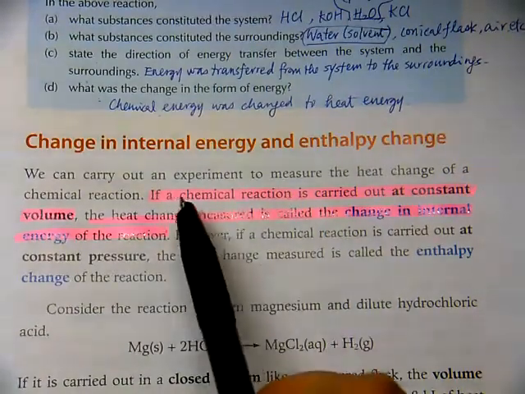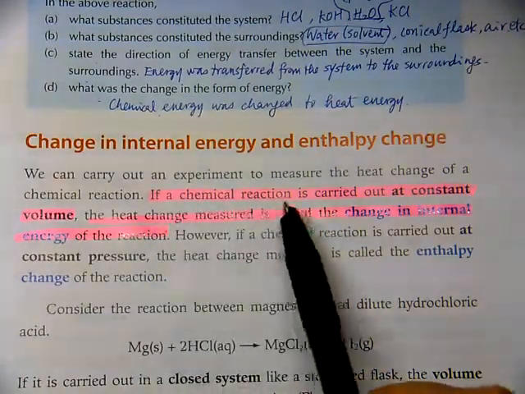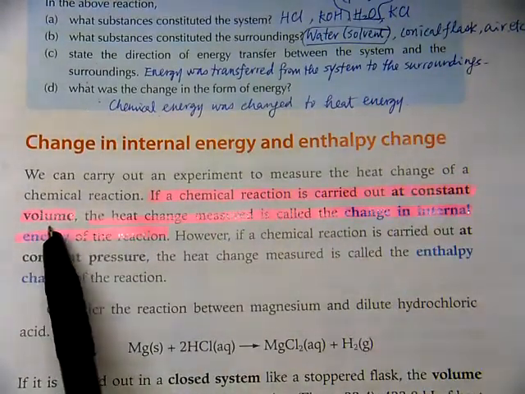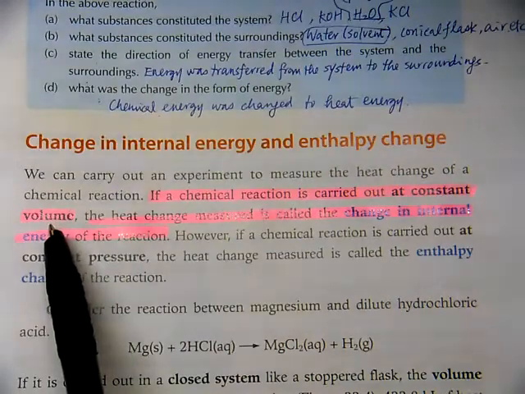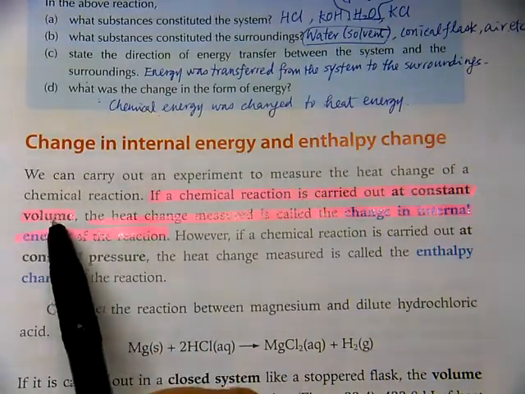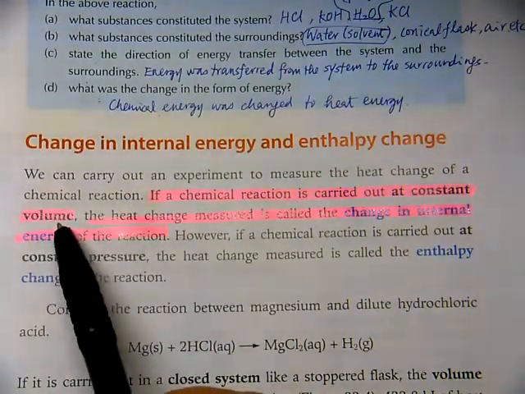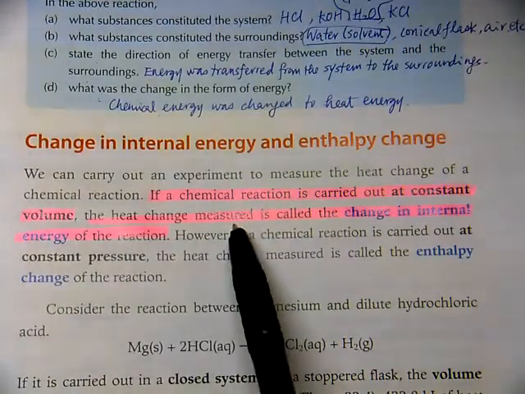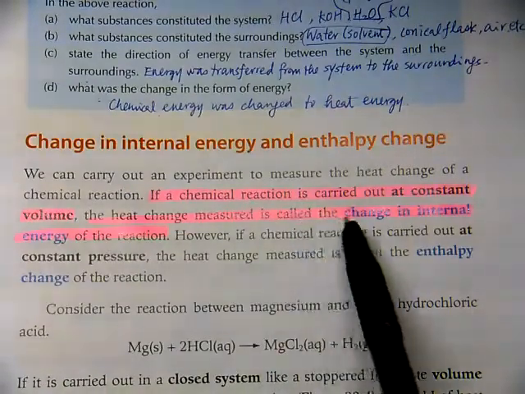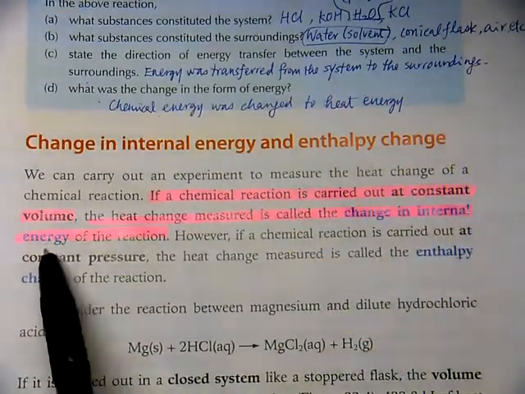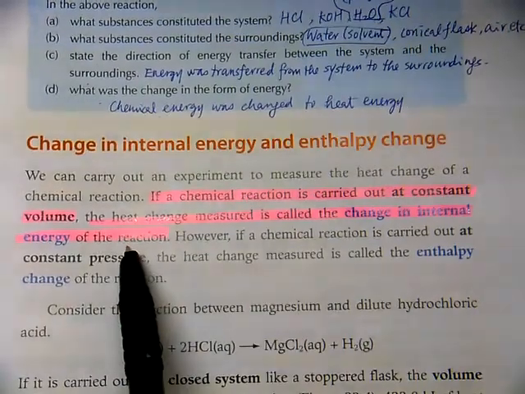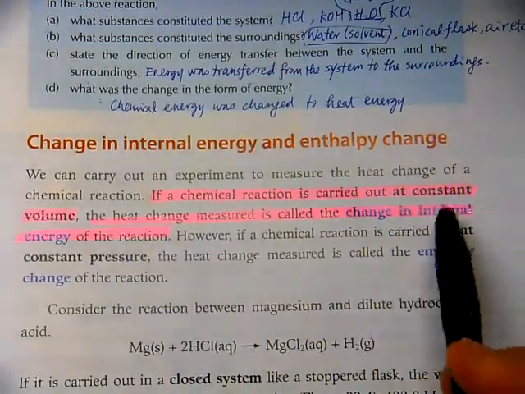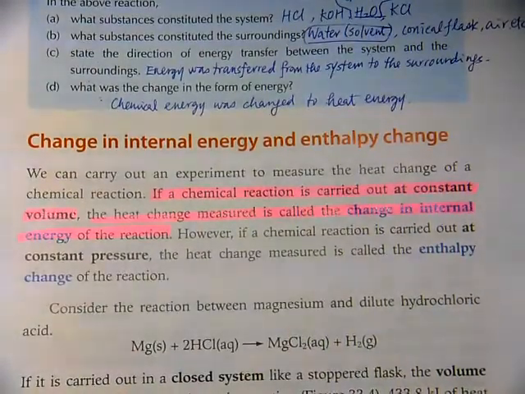Now I repeat, if a chemical reaction is carried out at constant volume, you may imagine there is a stopper at the mouth of the flask, so that the volume doesn't change. The heat change measured is called the change in internal energy of the reaction. You may ask, what is the meaning of internal energy?